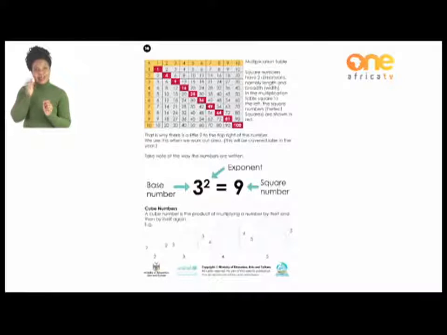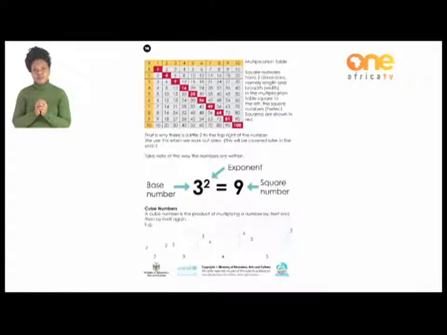So to read on top on the right side is a multiplication table whereby we have square numbers. Square numbers have 2 dimensions, namely length and breadth, which is also the width. In the multiplication table square, to the left, the square numbers, or we can say the perfect squares, are shown in red.